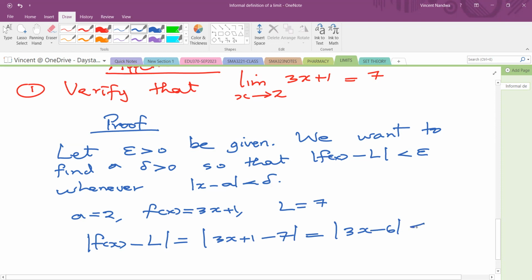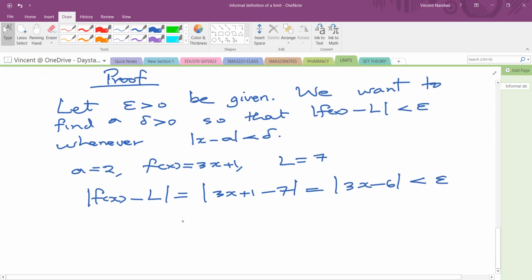And we expect this to be less than epsilon from the definition. Which implies that, factoring out 3, the absolute value of 3 times x minus 2 is less than epsilon.